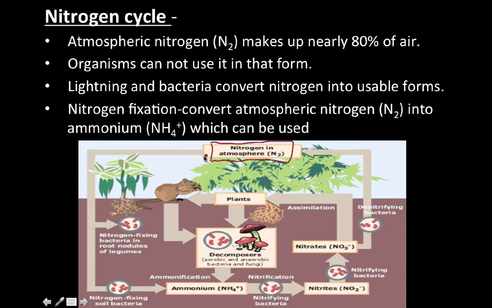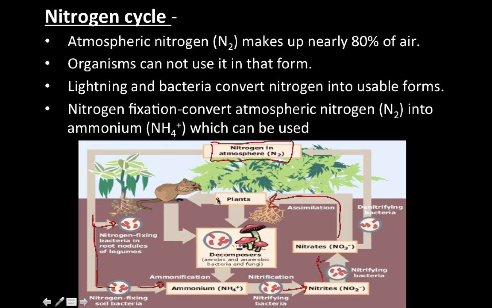So you can see this process that the bacteria can fix this nitrogen into the soil. We see that happen in two different places, and that process can occur straight from the atmosphere into the soil. We convert ammonium into nitrites and then nitrates, and those nitrates are utilized by plants through the process of assimilation.